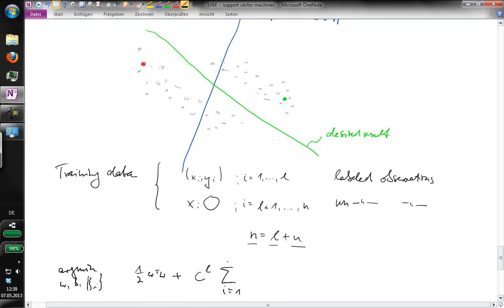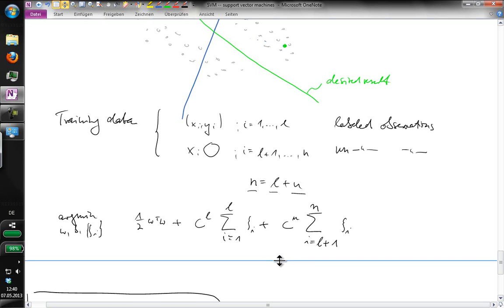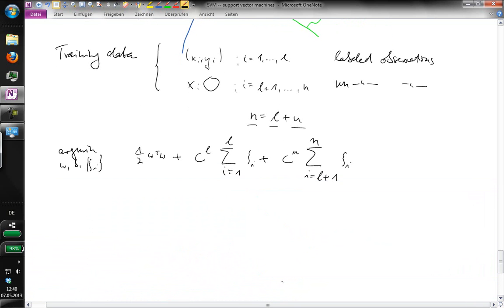So this sum goes from 1 to L. Plus, I now have an extra term, CU for unlabeled, which is associated with the slack variables of all the unlabeled examples. So here the summation goes only from L plus 1 all the way to N.